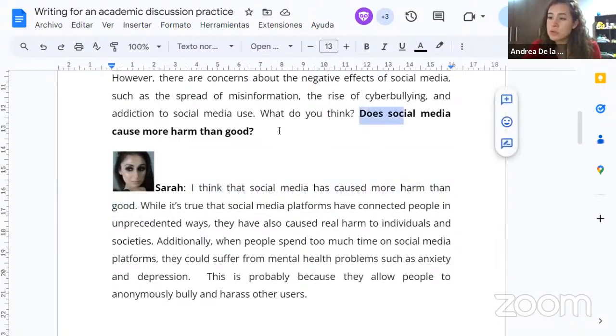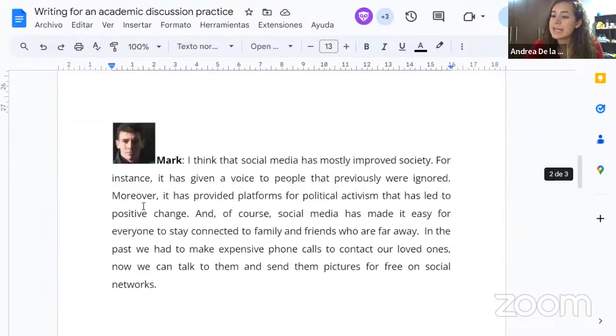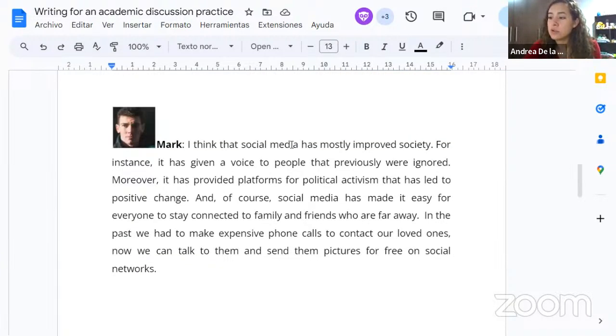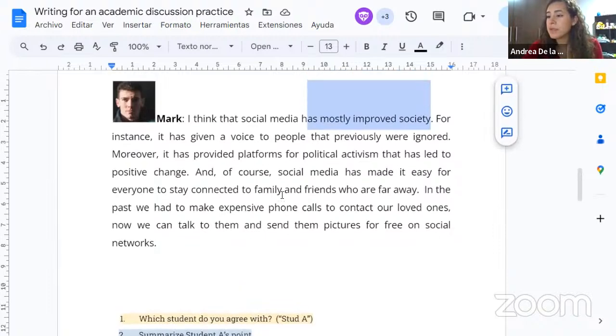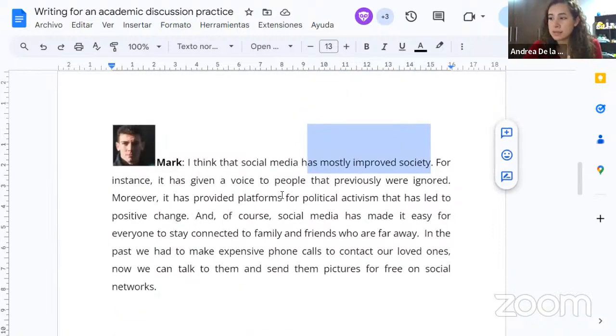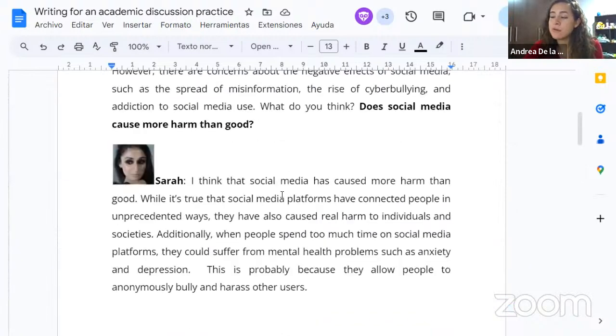The question is that social media causes more harm than good. So Sarah's opinion is that social media has caused more harm than good. And Mark's opinion is that social media has mostly improved society. So he is in favor of social media. He says that it has more advantages than disadvantages. So those are their opinions.